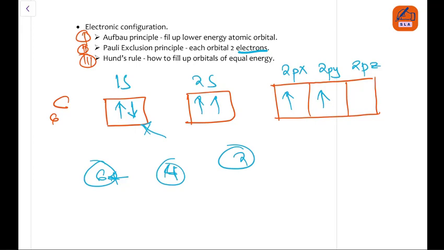If we had more electrons, we would fill this one also, and then if we had more, this way. But we only have 2 electrons remaining, so it will be this way.